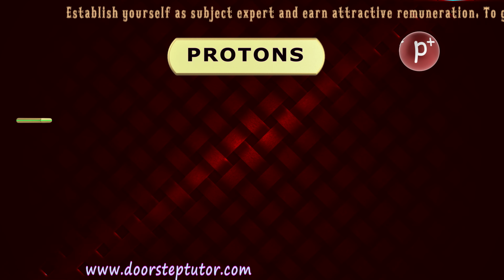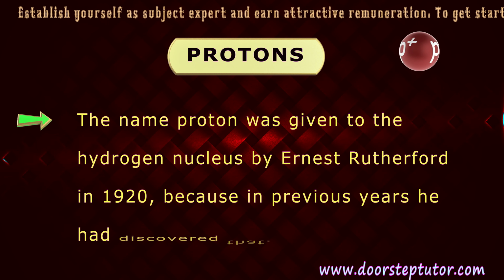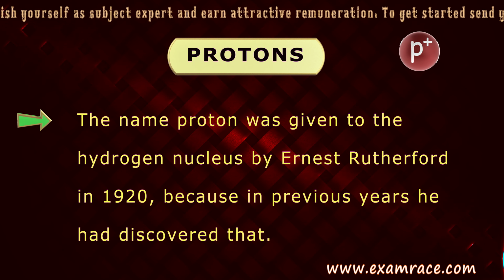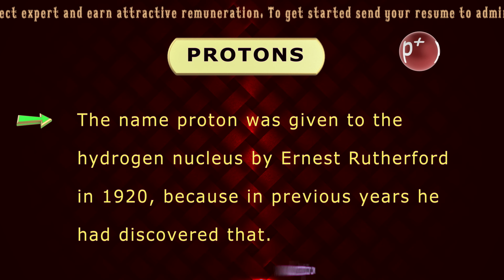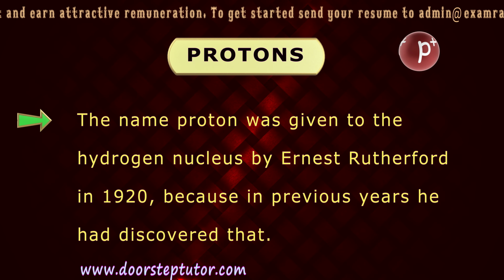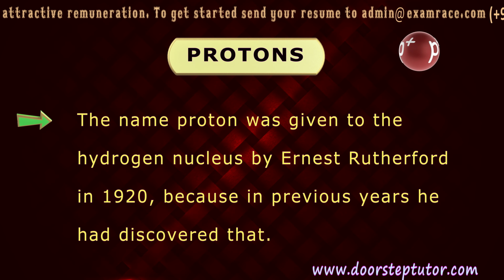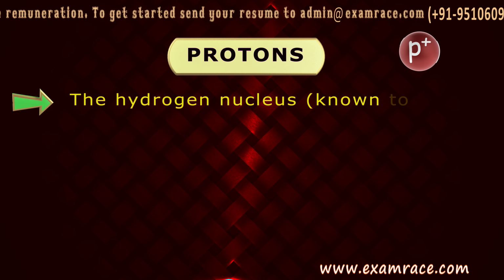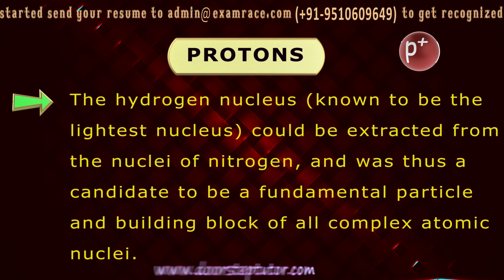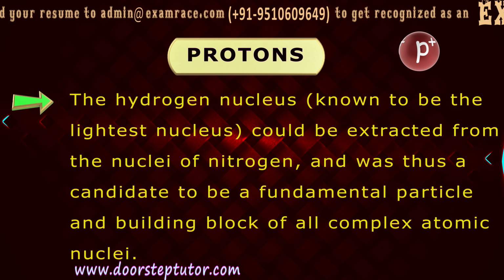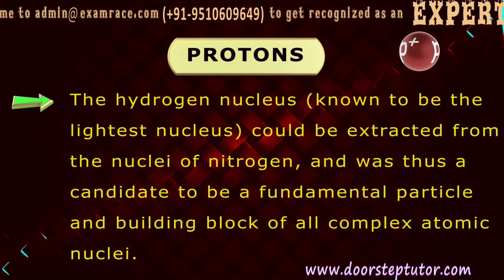Now, the name proton was given to the hydrogen nucleus in 1920 by Ernest Rutherford, because in the previous year he had discovered it. And this hydrogen nucleus is known as the lightest nucleus, and it can be extracted from the nuclei of nitrogen also.